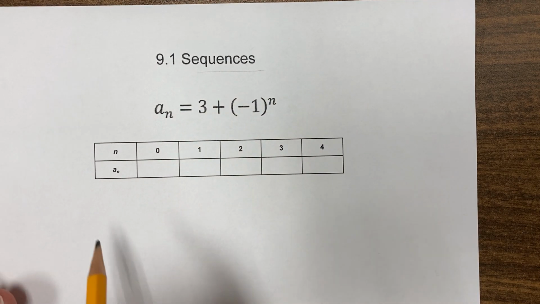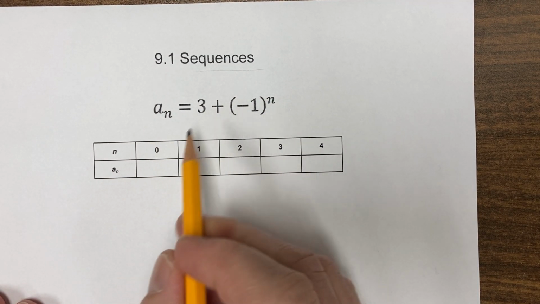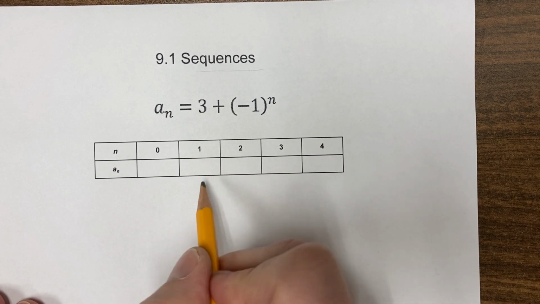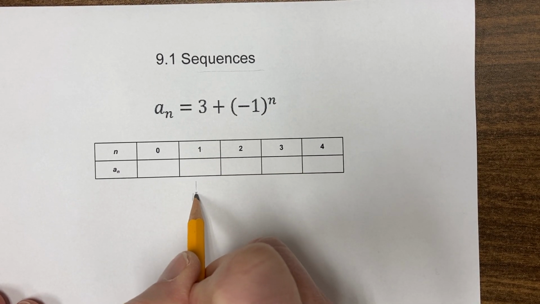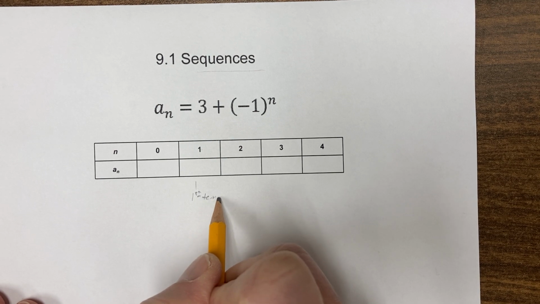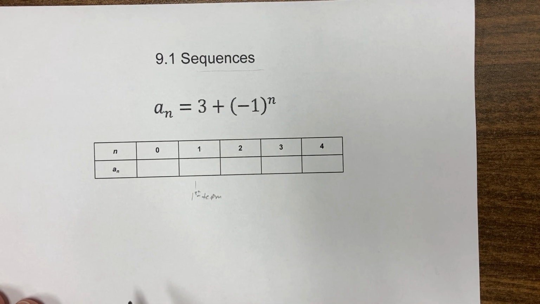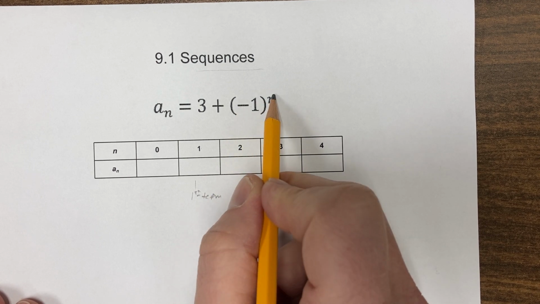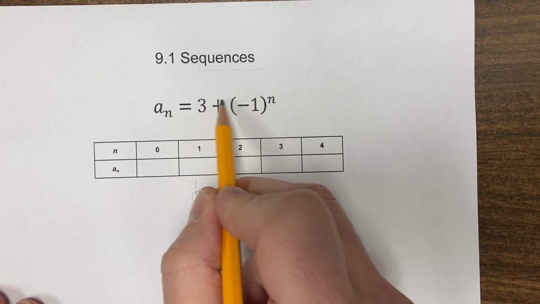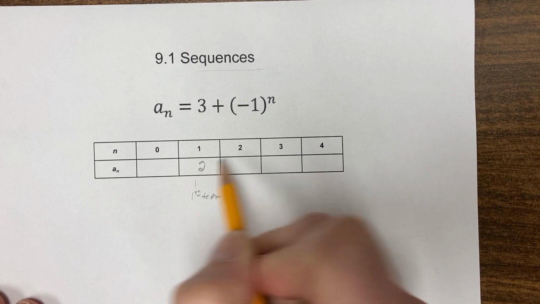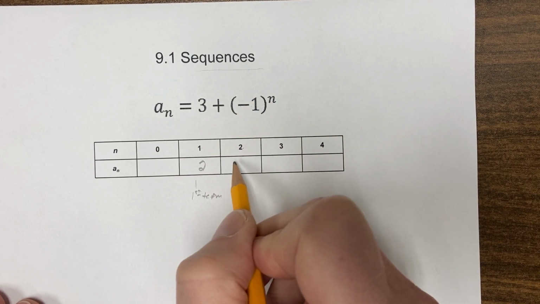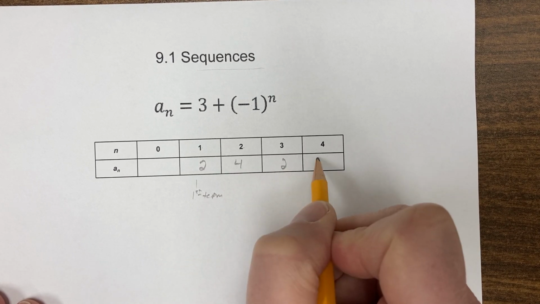Okay? And so if I give you a general term, I want you to be able to find certain things. Now this 1 here would really stand for what we traditionally call the first term of the sequence. All right? So if you were to put 1 in for n and go -1 to the first, that's -1. 3 plus -1 is 2. Okay? Then if I put 2 in, 3 plus 1 gives us 4, and then 2, and then 4.